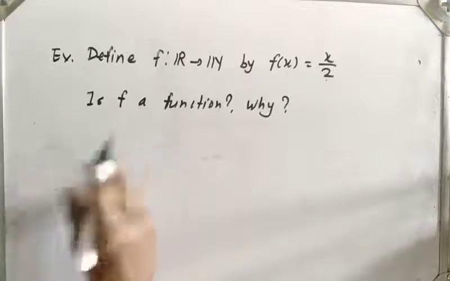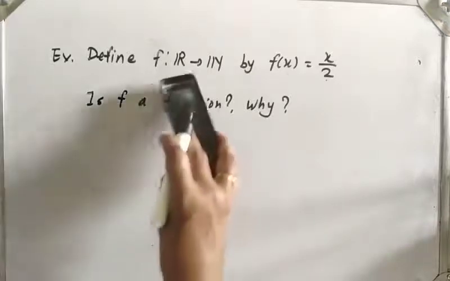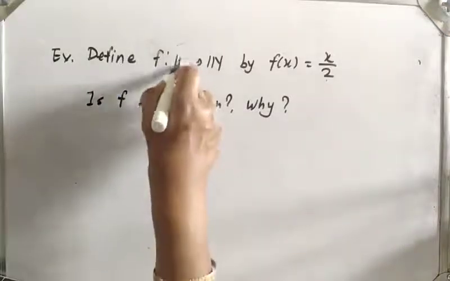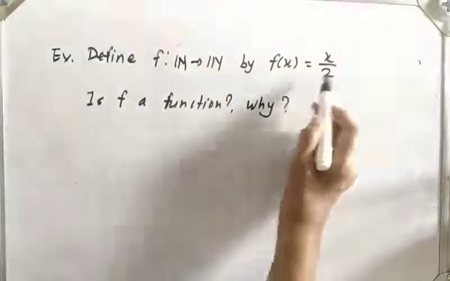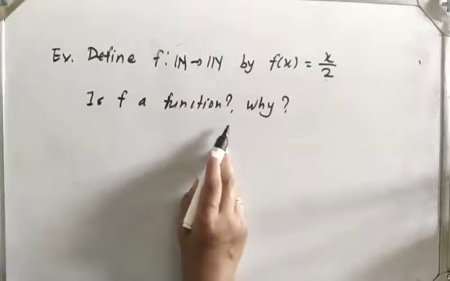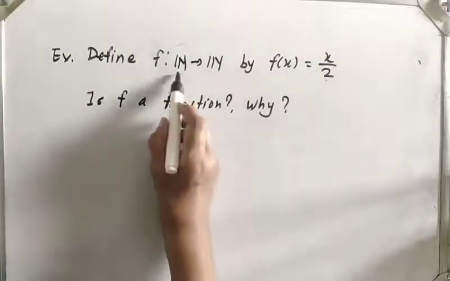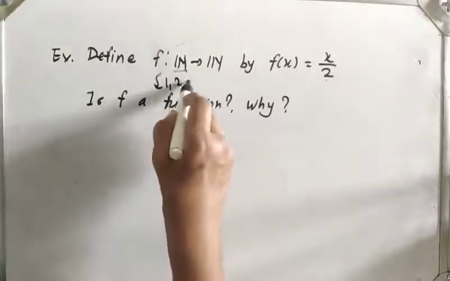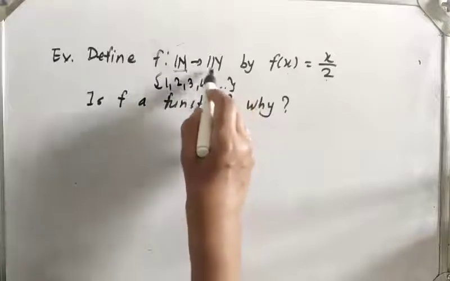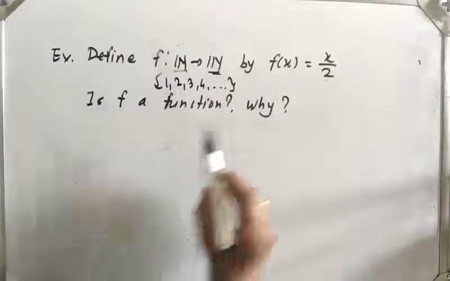Another example, suppose f is a function from the set of natural numbers to the set of natural numbers by the same f of x is equal to x by 2. Is f a function? Why? It is also not a function. Why not? Here domain is the set of natural numbers, that is 1, 2, 3 like this, and codomain is also the set of natural numbers.